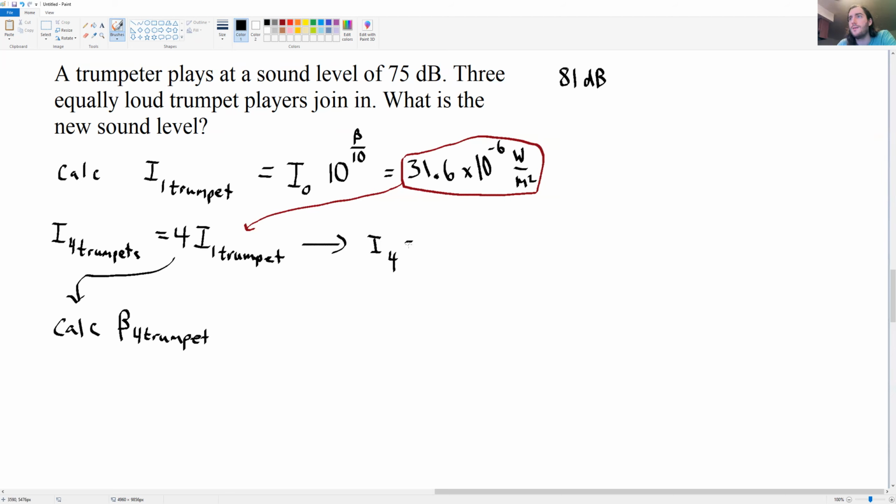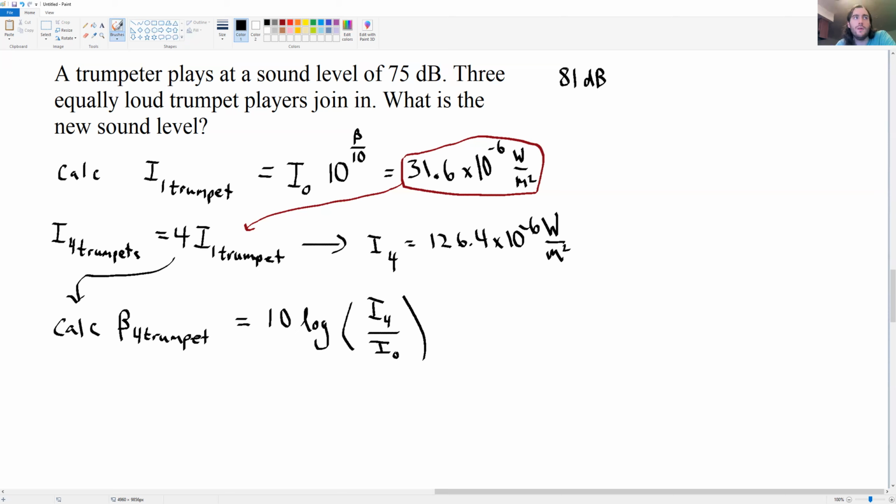And I'm not paying much attention to significant figures here. We can round the answer at the end to 2 sig figs, right? So we expect an answer of 81 decibels. So let's see what happens here. Now we can calculate beta. So beta is 10 times the log of I4 over I0.